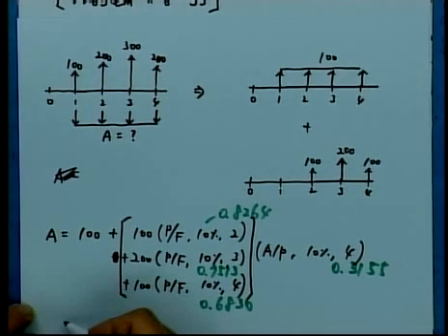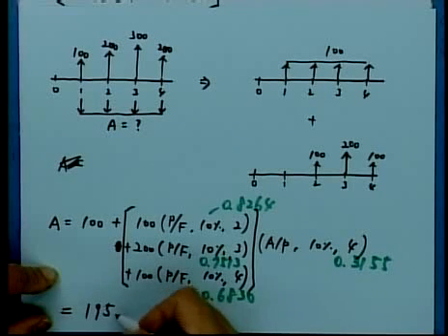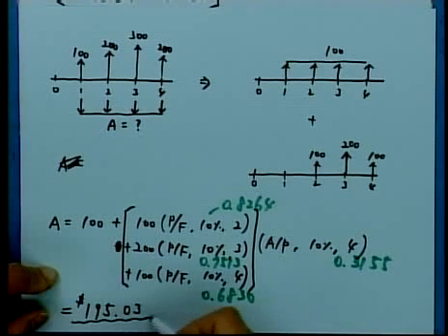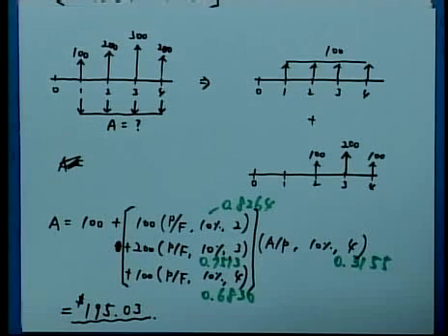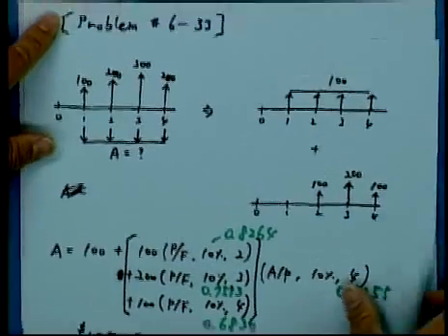So my computation is $195.03. This is the equivalent uniform annual benefit amount, and this is problem 6-33.